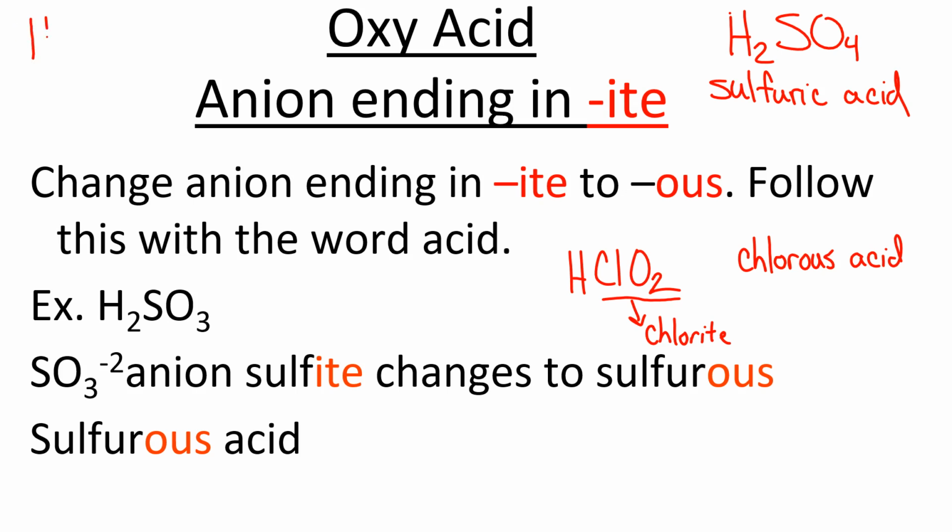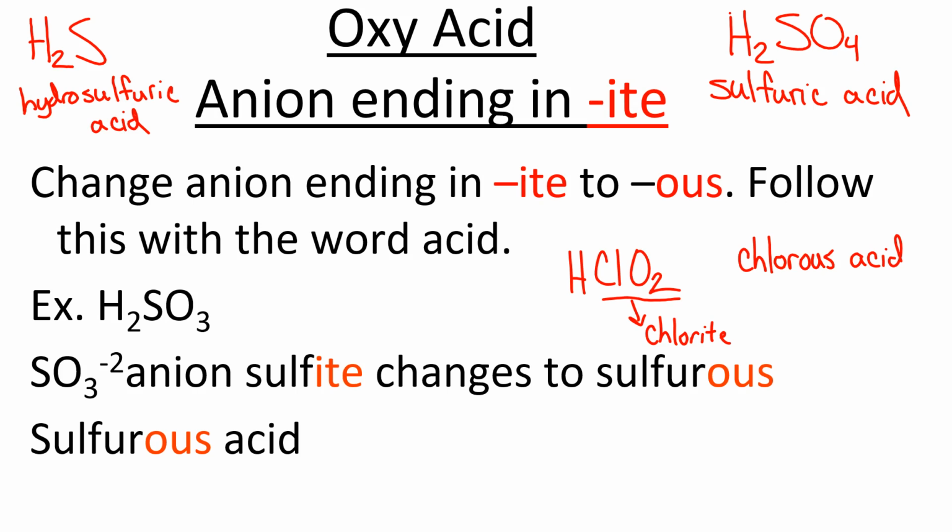In every acid, there's always an H. But what if I had a binary acid that contained a hydrogen and a sulfur? What is the name of that one? So the sulfide becomes sulfuric, but because it's binary, I have to say hydrosulfuric.